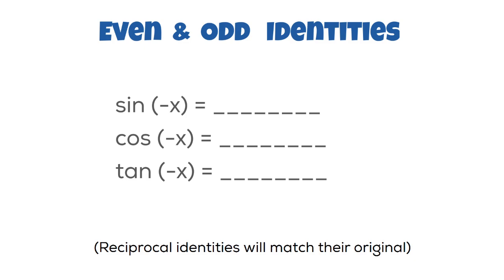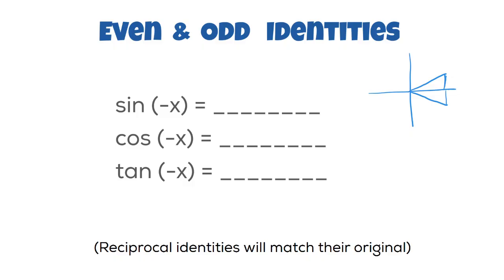For instance, if you're on the unit circle and think of yourself at a 30-degree angle, think about the sine of that angle versus the sine of a negative 30-degree angle. Well, the value is going to be the same. You're still up a half, but now you're down a half.